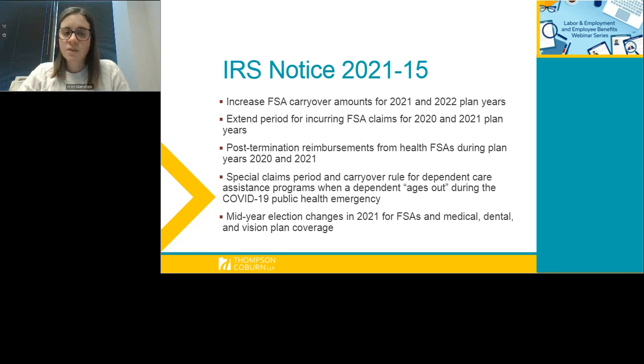It allows post-termination reimbursements from health FSAs during the 2021 and 2020 plan years. It allows a special claims period and carryover rule for dependent care assistance programs when a dependent ages out during the COVID-19 health emergency. It also allows a mid-year election change in the 2021 plan year for FSAs, as well as for medical, dental, and vision plan coverage.